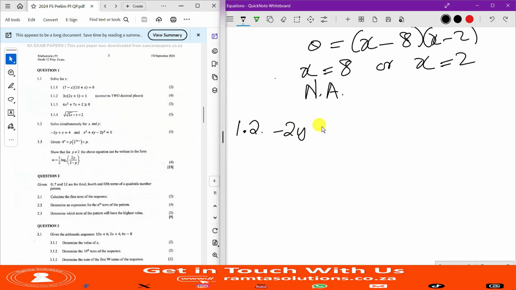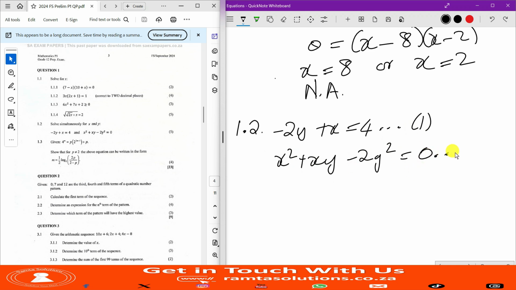Minus 2y plus x equals 4. That's equation 1. And then x squared plus xy minus 2y squared equals 0. I will label it equation 2. One that's easy to manipulate is equation 1. So it will be x equals 4 plus 2y, equation 3.